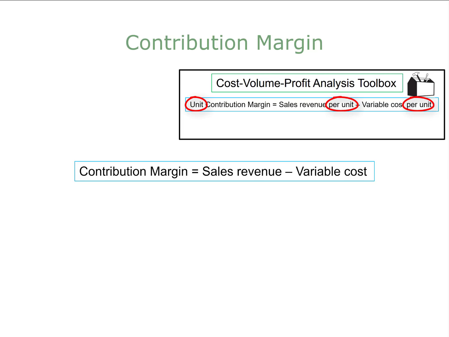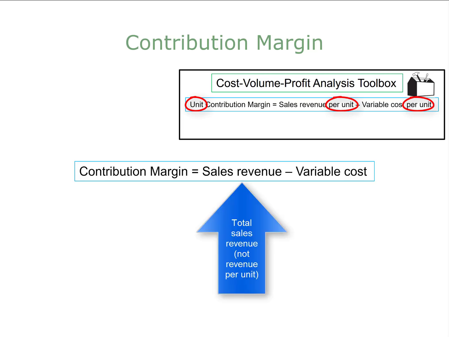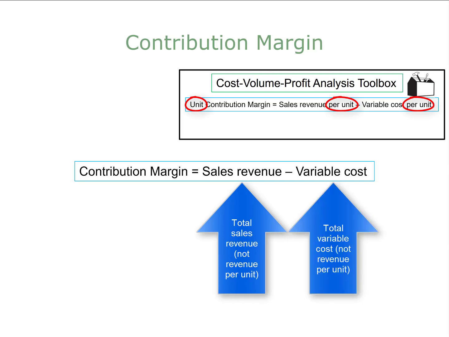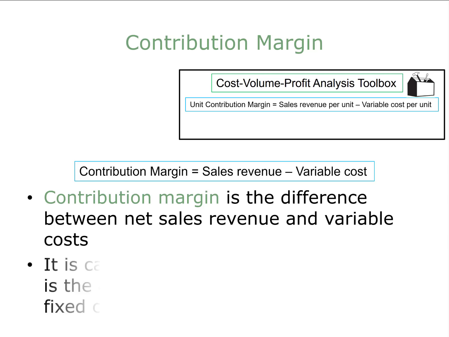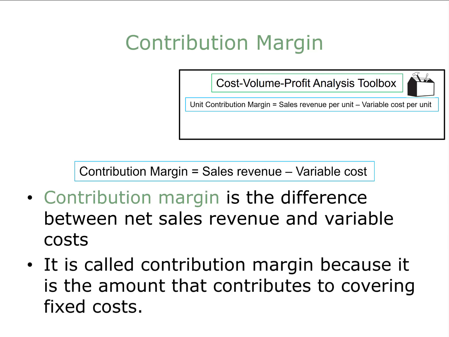So in this version of the formula, we are just taking total sales revenue minus total variable cost. So just as before, contribution margin is the difference between net sales revenue and variable costs. It is called contribution margin because it is the amount that contributes to covering fixed costs. So let's add this formula to our toolbox.